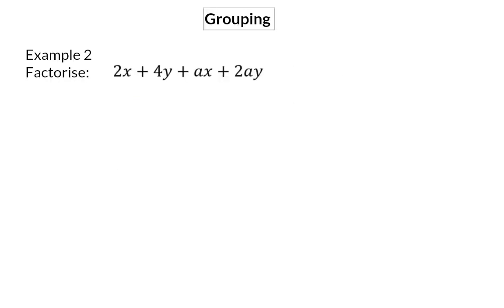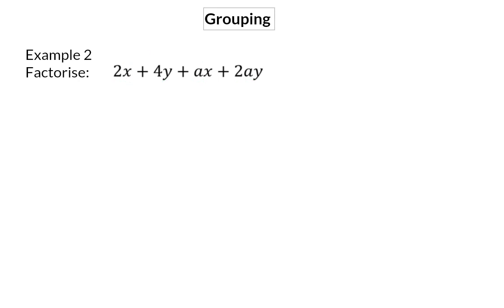In example 2, we still have to factorize, but there's no factor that is common for all four terms. The first two terms have a 2 in common, and the last two terms have a in common. The first and third term have x in common, and the second and fourth term have y in common.